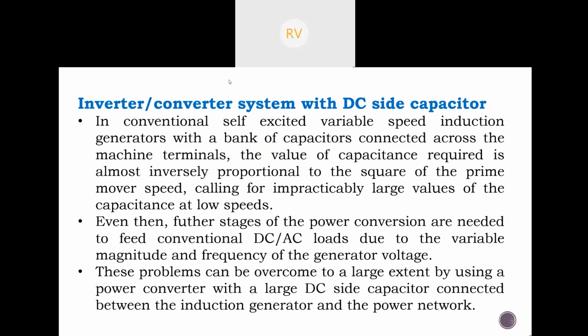Till now we have seen the AC side capacitor. Now we are seeing the DC side capacitor. In conventional self-excited variable speed induction generators with a bank of capacitors connected across the machine terminals, the value of capacitance required is almost inversely proportional to the square of the prime mover speed, calling for impractically large values of capacitance at low speeds.